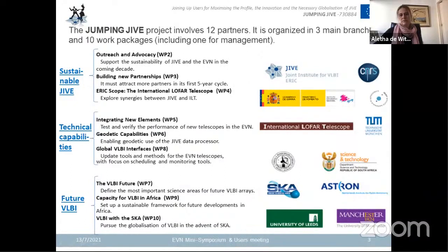It is organized in 3 main branches and 10 work packages. On the left, you have a description of the 3 main branches and a short description of each of the 10 packages. Especially, I'm going to show you something about this one, whose purpose is enabling geodetic use of the JIVE data correlator.